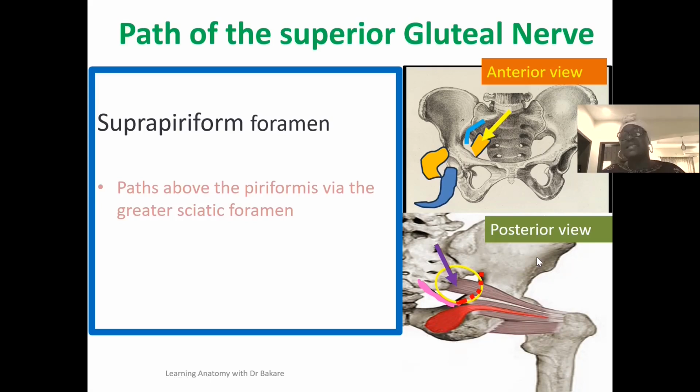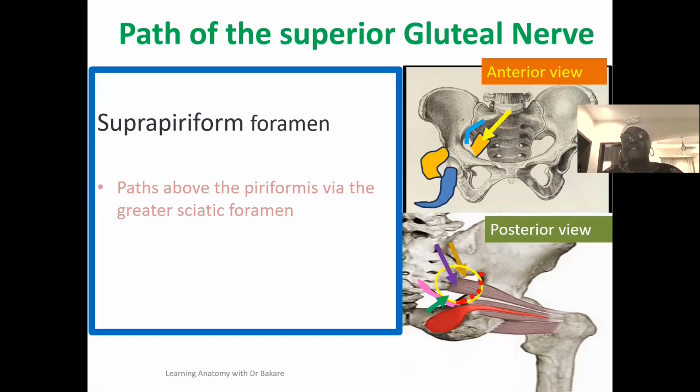So if you look at the pattern by which the piriformis runs through the greater sciatic foramen, you see that it is helping to further subdivide this foramen into two foramina. So superiorly here, you have the suprapiriform foramen. This suprapiriform foramen, just as the name implies, is a foramen that is created above the piriformis, although still within the greater sciatic foramen.